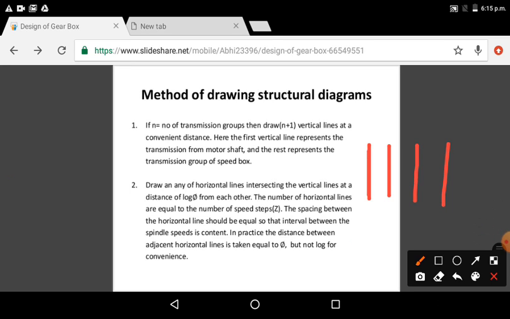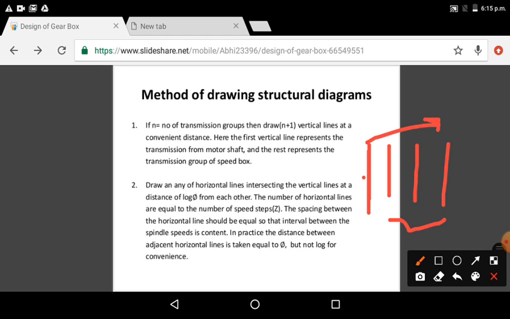This first shaft is directly connected to the motor shaft, and transmission is done with the help of the motor or external power. The rest, these three, represent the transmission groups of the speed box, meaning during the transfer of speed from one to the other, it will reduce or increase the speed as per requirement. Draw any horizontal lines intersecting the vertical lines at a distance of log phi from each other.